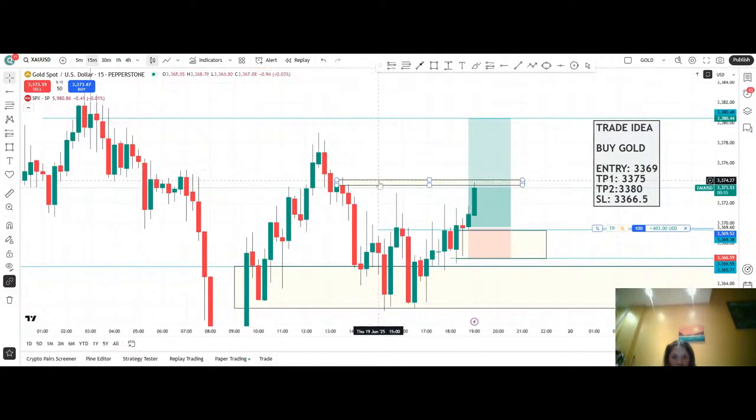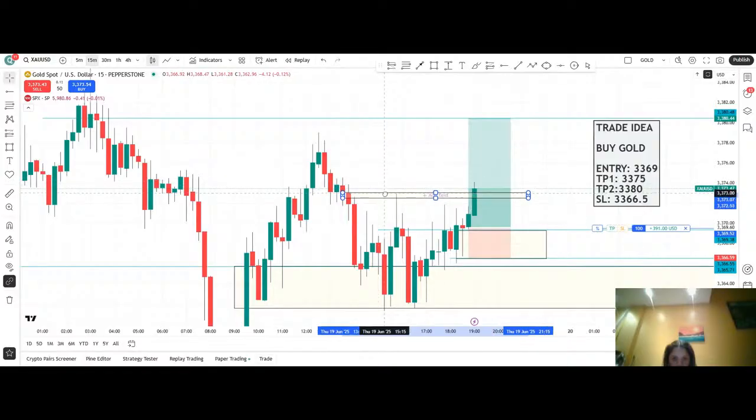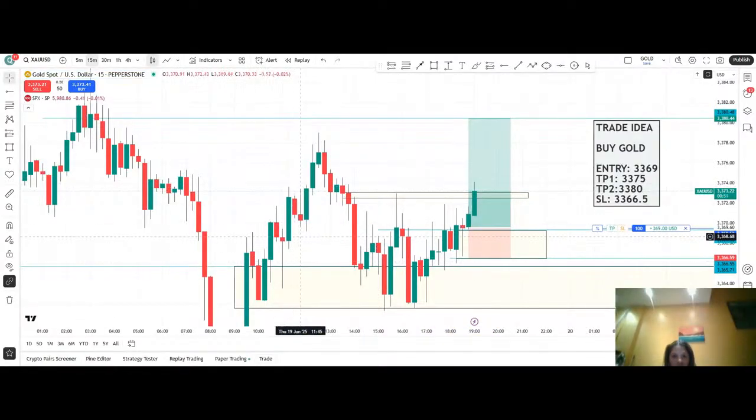But the fact that it broke this wick here, no? It's a strong confirmation that bullish momentum is still going.